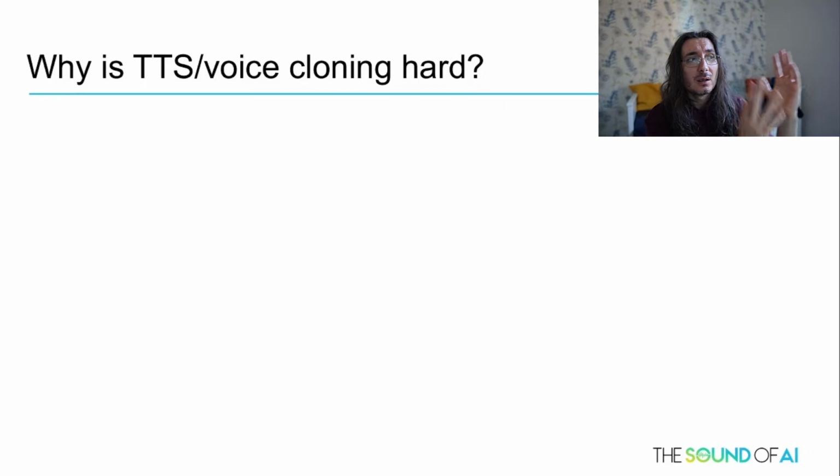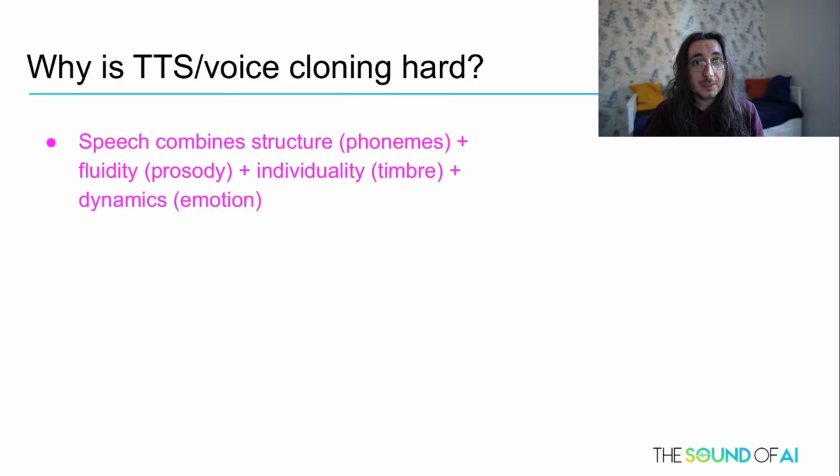Why is text-to-speech, voice cloning, so hard to pull off? Well, speech combines a lot of levels. It has structure with the phonemes, fluidity with prosody, individuality with timbre, dynamics, and context given by emotion.